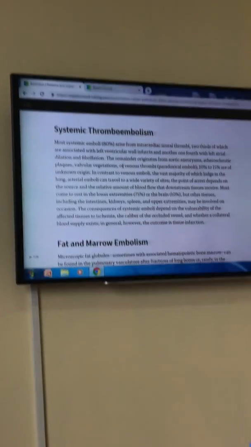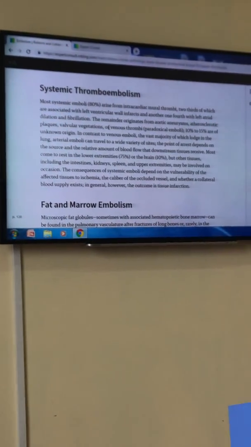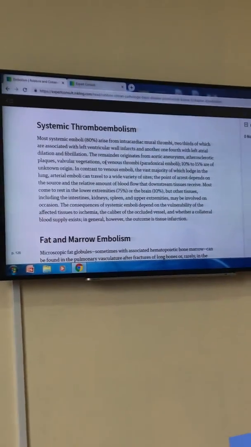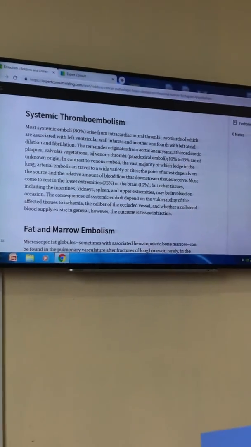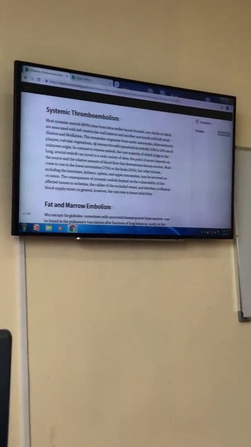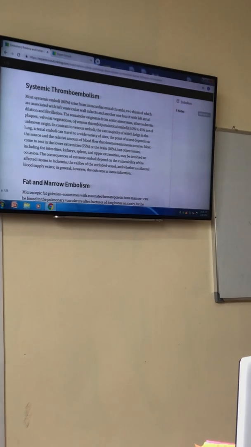And venous thrombi that I told you, the cause is paradoxical emboli. So 80% of systemic thromboembolism arises in the heart itself, but the remainder are aortic aneurysms, atherosclerotic plaques, valvular vegetations, or venous thrombi.